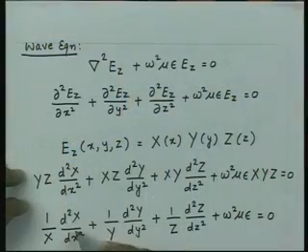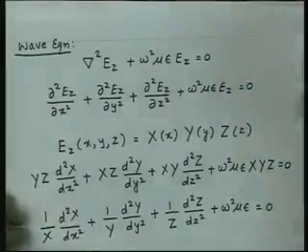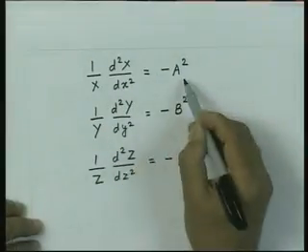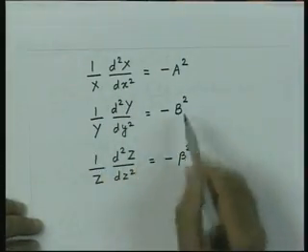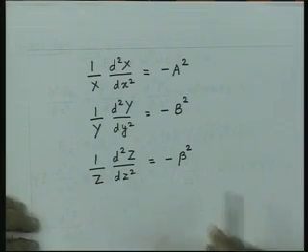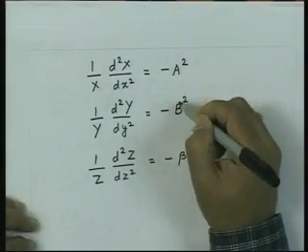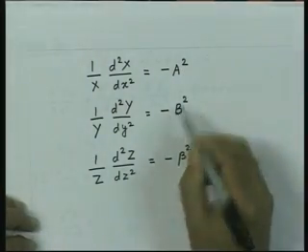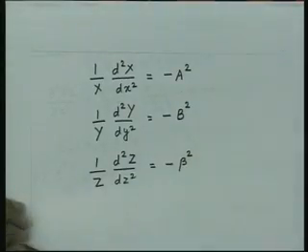If I go back to the wave equation and substitute, this quantity we have defined as minus a square, this quantity we defined as minus b square, and this quantity is minus beta square, and we have found the value of a, which is m pi by a, and this quantity is n pi by b.